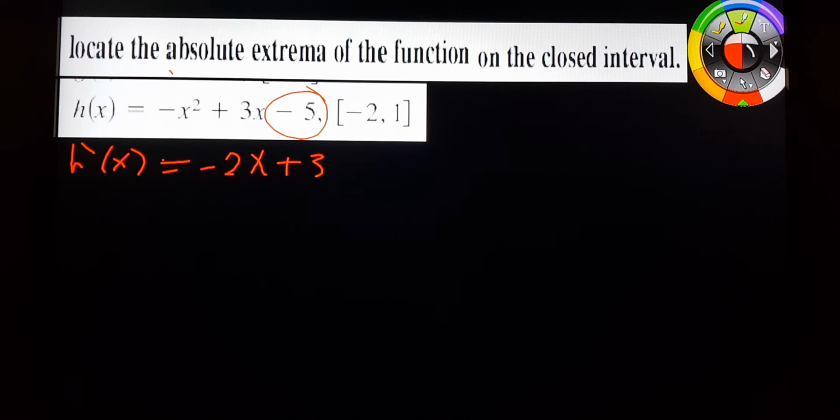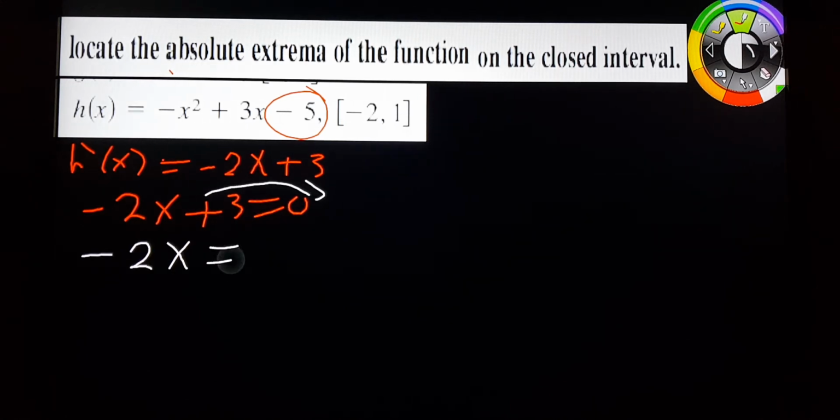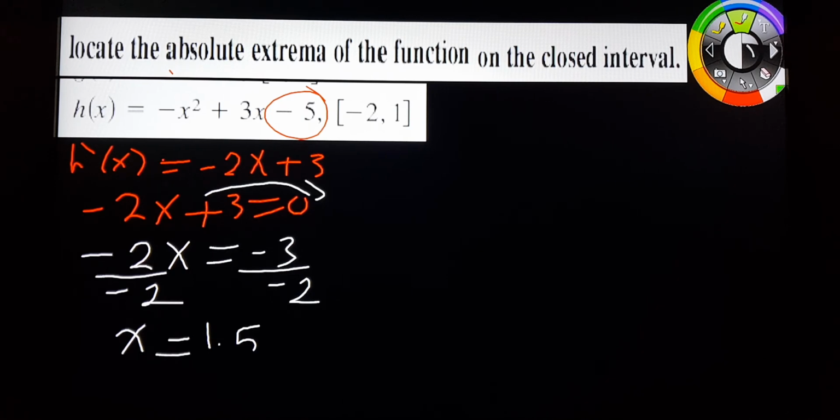Then equate this by 0: negative 2x plus 3 equals 0. Solve for x, so move 3 to the other side, negative 2x equals negative 3. Divide both sides by negative 2, so x equals 1.5.